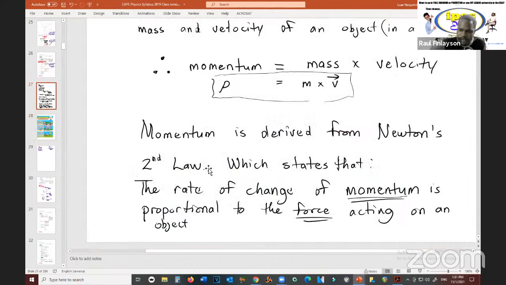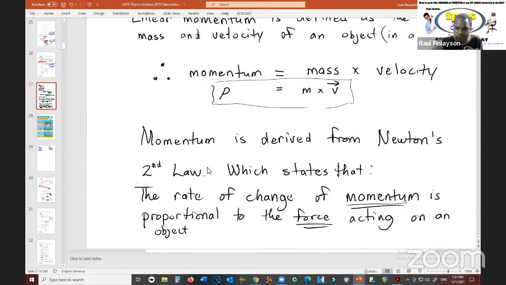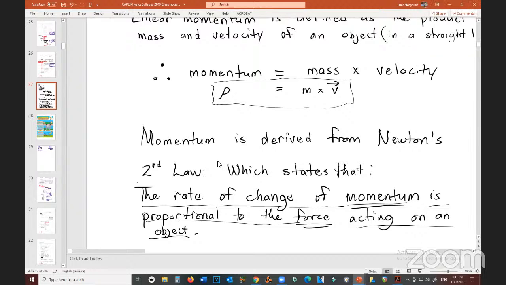All right. So this part is the important part, guys. So that's Newton's second law. Everybody seen that? Yes, sir.